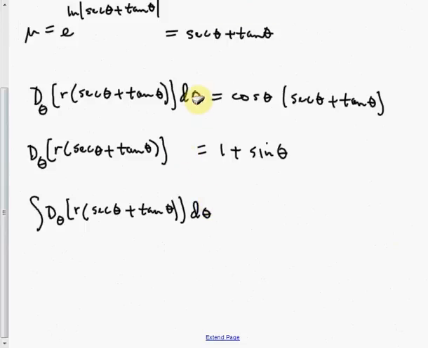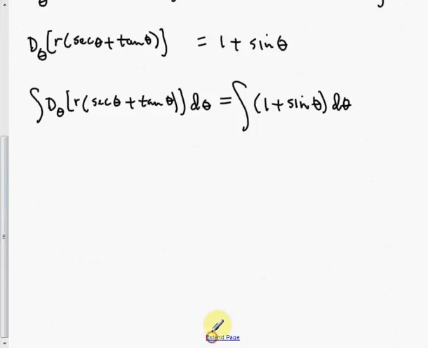Take that d theta off of these two parts here. I was not integrating down here, so it didn't need the d theta there. So it's equal to the integral of 1 plus sine theta, is r times secant theta plus tan theta.